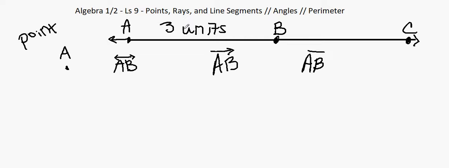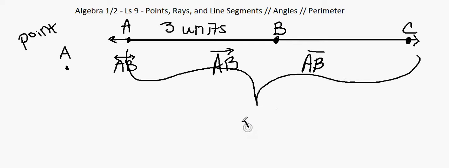If AB is 3 units, what if I said AC were 7 units? How big is BC? Well, if all of this is 7, it's just a missing number problem using subtraction. This is all 7 units. What's BC? BC is 4 units. Okay.